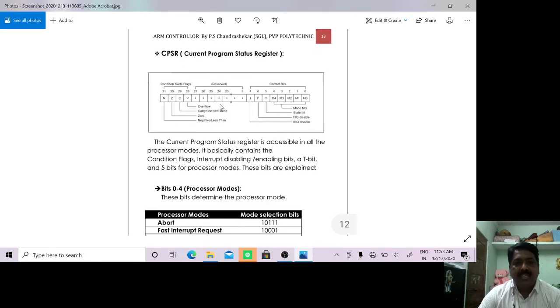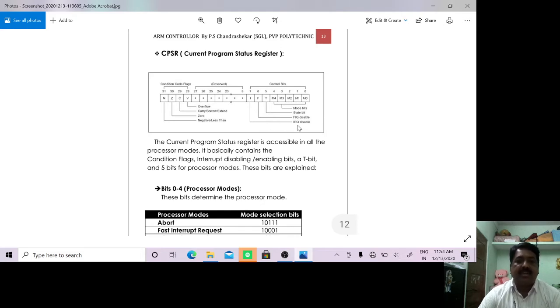So here again, that is about M0 to M4, which are 5 bits to represent different modes of the ARM processor. Then we have I, F and T, which are also a part of the control bits. I will be 1 when IRQ is to be disabled.